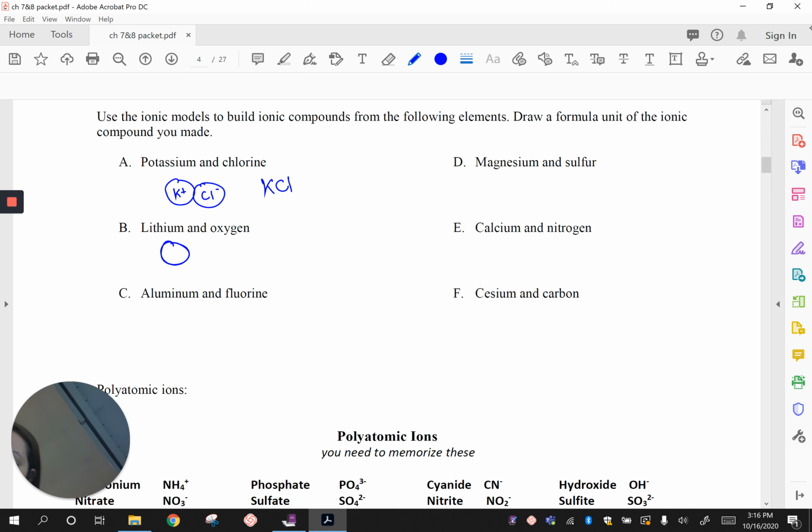For the next one, Li with a plus, O with a 2 minus, and then another Li plus, and Li2O would be the formula. So I want you to pause this video and practice these and see if you can draw the particle diagrams and also write the formula. You can be asked to do both on the test. So pause this video and then play it again when you're ready and check your answers.